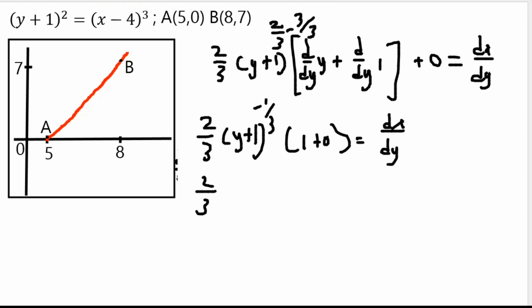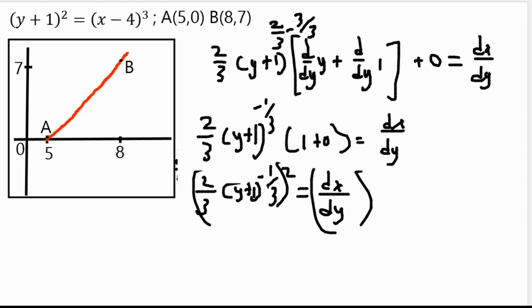So now let's just raise both sides to the second power, so we can plug it into our formula later with ease. Let's do that. In order to master this topic, you just need to solve some problems.